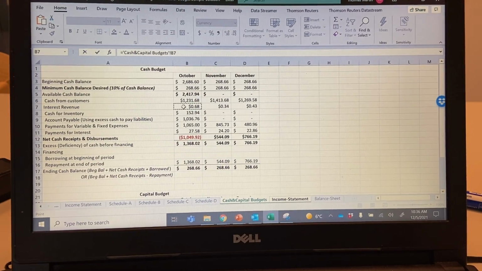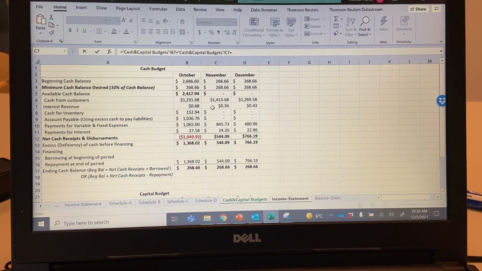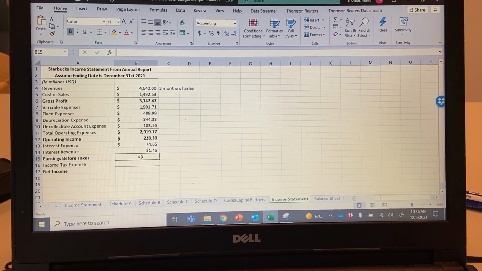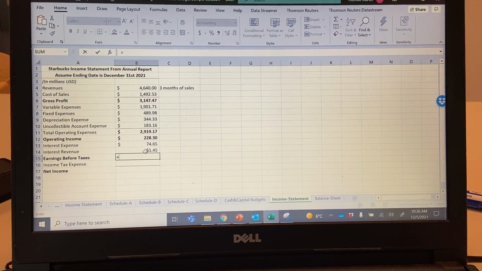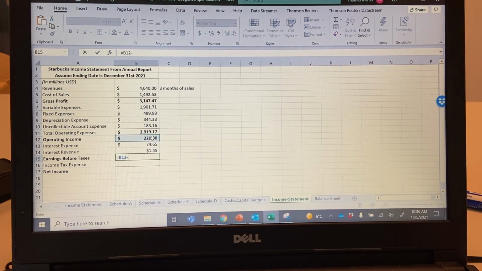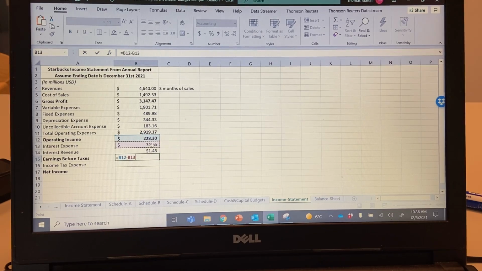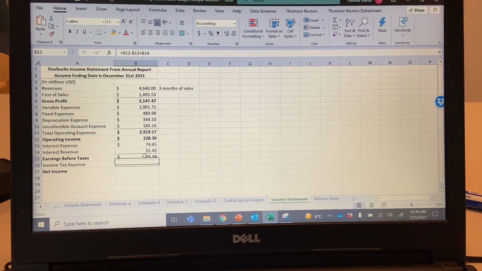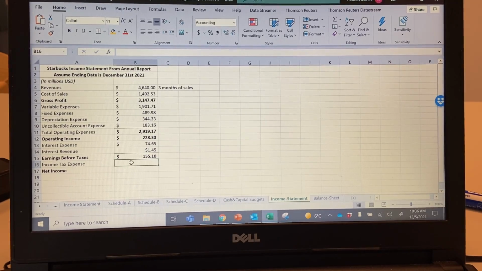Interest revenue, we have 3 months: 1, 2, 3. From here, we go operating income minus interest expense plus interest revenue. Here's our earnings before taxes.